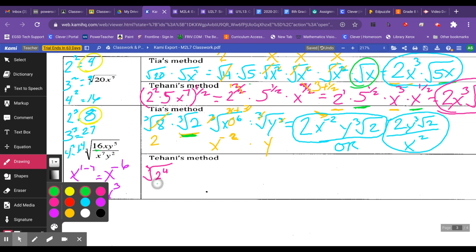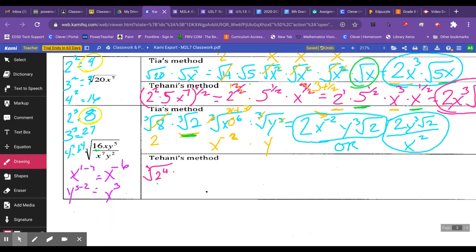So I'm just going to make sure those two numbers match. Now I'm going to look at my x's. I've already figured out over here that when I simplify my x's, I get x to the negative 6. So I want the cubed root of x to the negative 6 times, same thing with the y.